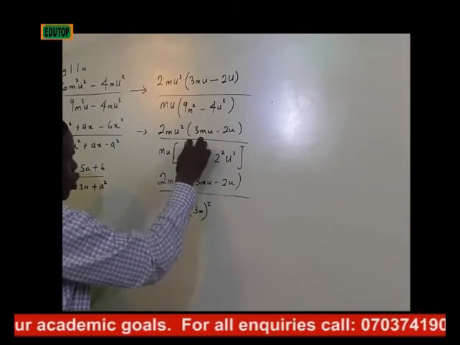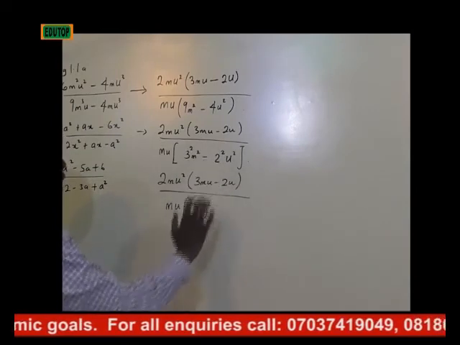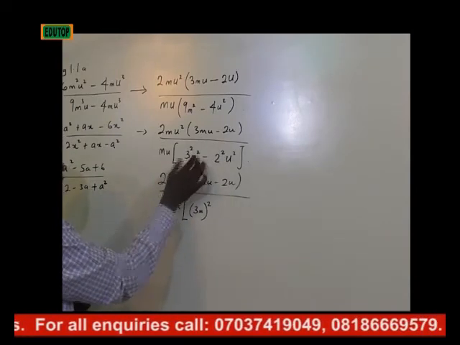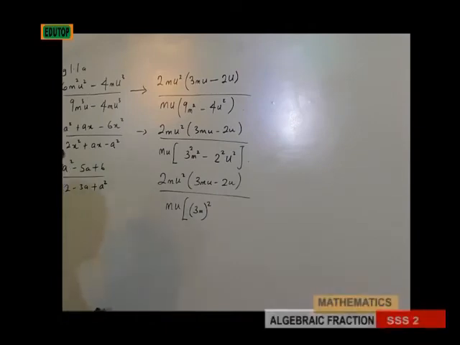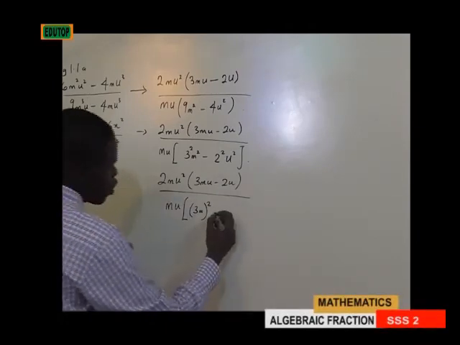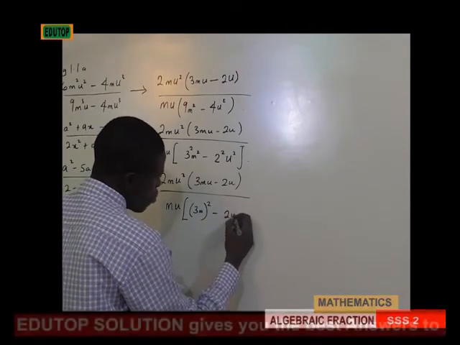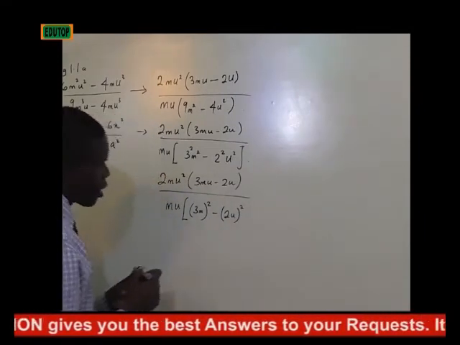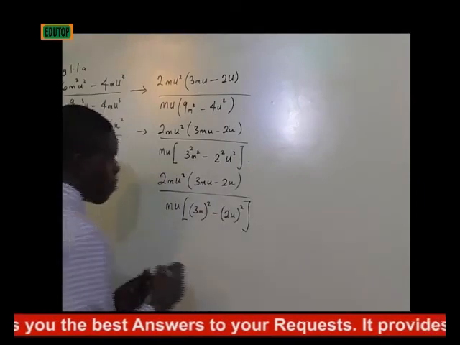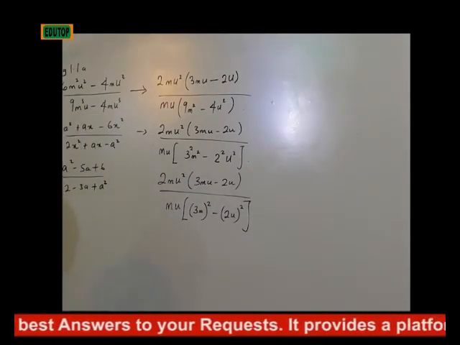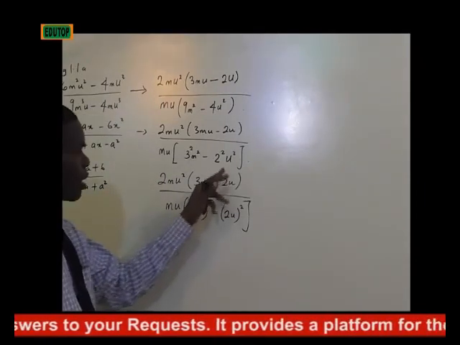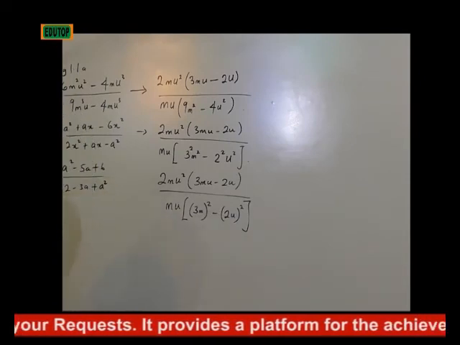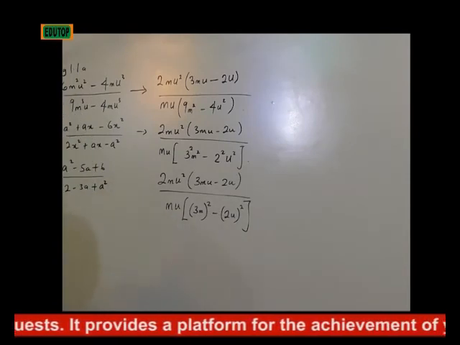Since square is dominant, I can bring that square out and bring the two terms as an entity. Then I can also do the same here too, which is 2u as an entity, then square. And I close it with a complex bracket like this. So automatically, I am still in line. I have not committed any mathematical blunder.